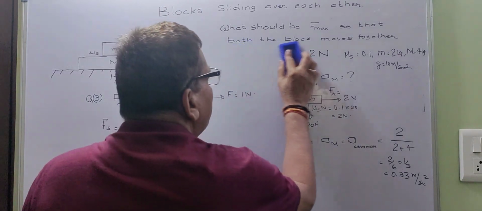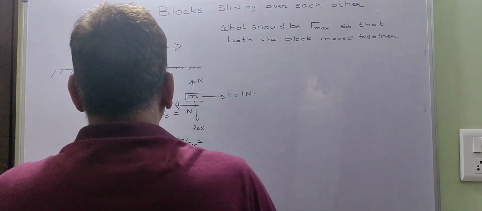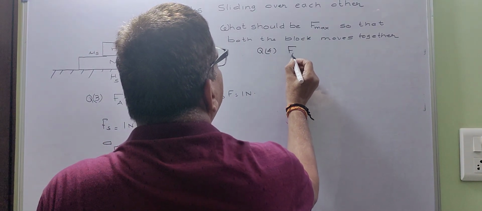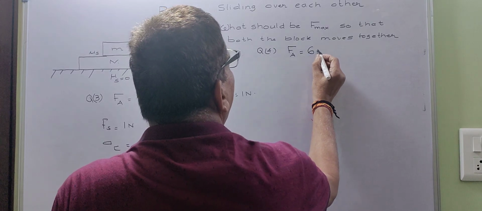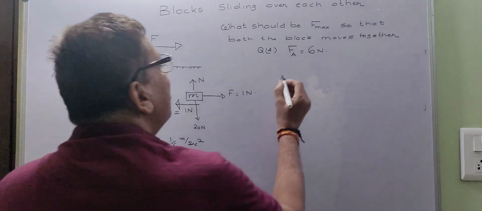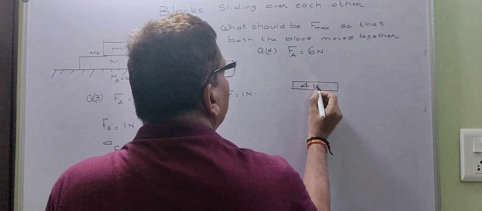Now in the fourth example, let us take F applied as 6 Newton. Now when we apply 6 Newton of force, we'll observe this 4 kg block.